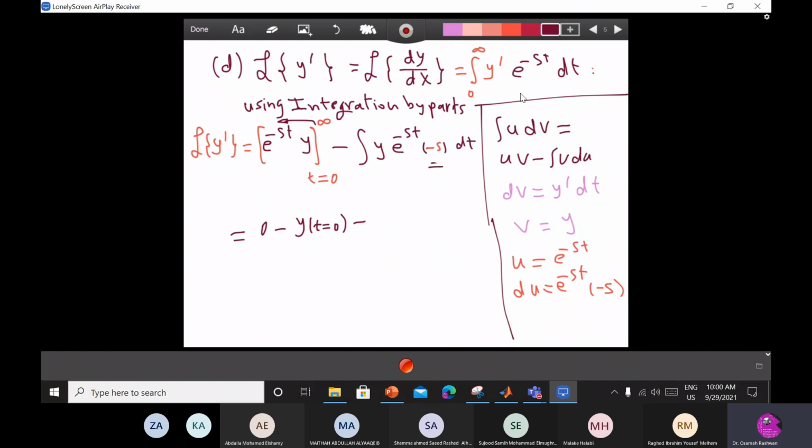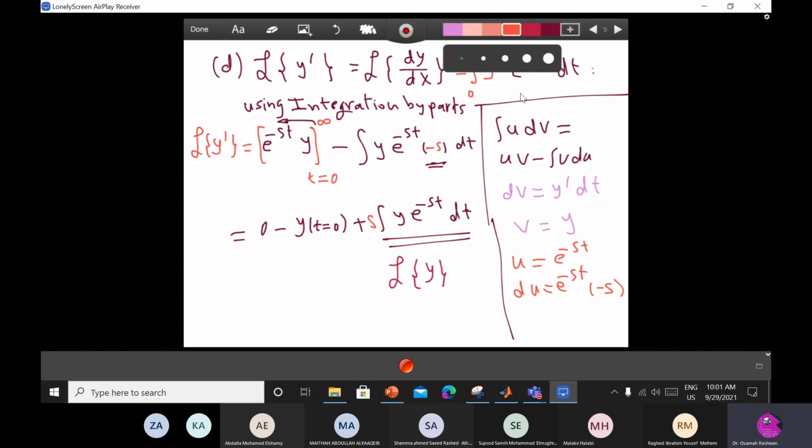Now, this s is a constant. I take it outside, and I have minus minus, so it will be plus. I will have s outside, and what I got inside is y e to the minus st dt. What is this one? Yes, this is the Laplace transform for y, multiplied by s, and I have here minus y of 0.